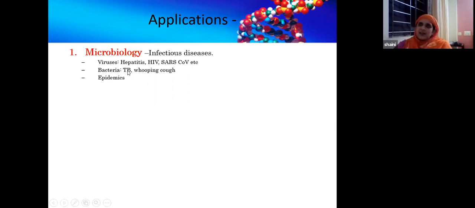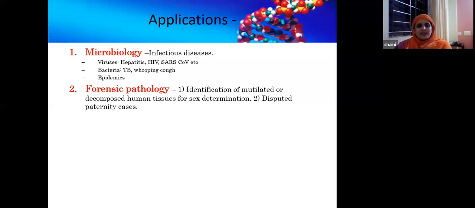And TB is endemic in India, so wherever government hospitals and labs have PCR, the TB probe is definitely present. Then epidemics: PCR has a major role to play in identifying the organism and containing it. Test, treat.